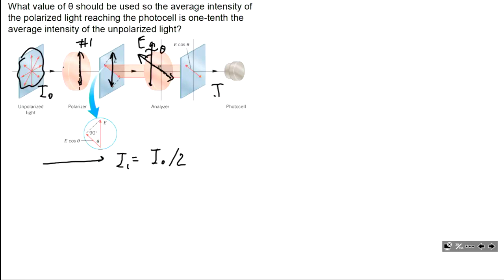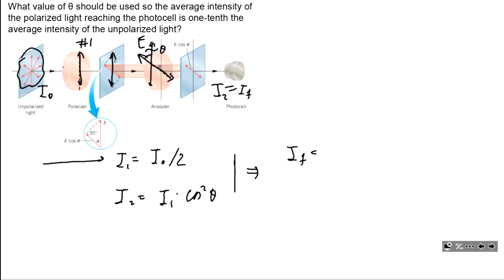The final intensity, which can be measured by a photocell, should be equal to the intensity before, which is this one, times cosine squared of the angle we are looking for. So we can combine these two expressions.